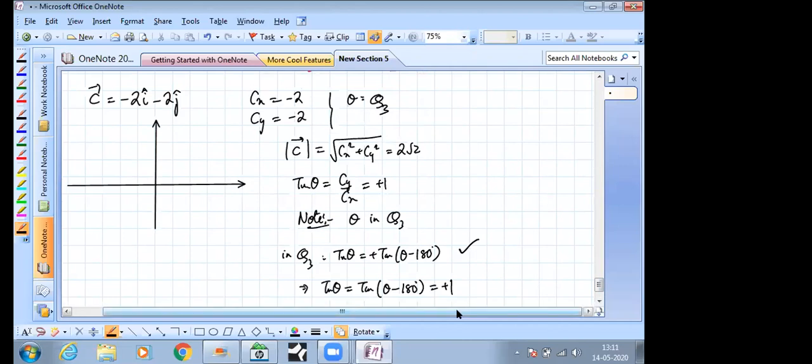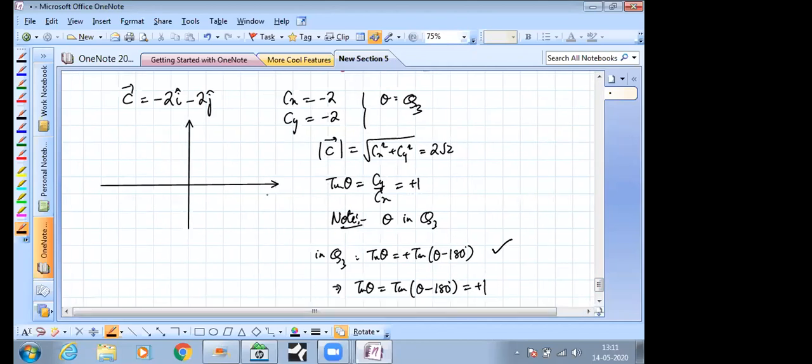Okay, so now let us come back to the drawing method. In the drawing method, it's actually easier. You can see that for the vector C, the x component is minus 2. The y component is also minus 2. So the vector itself is like this.